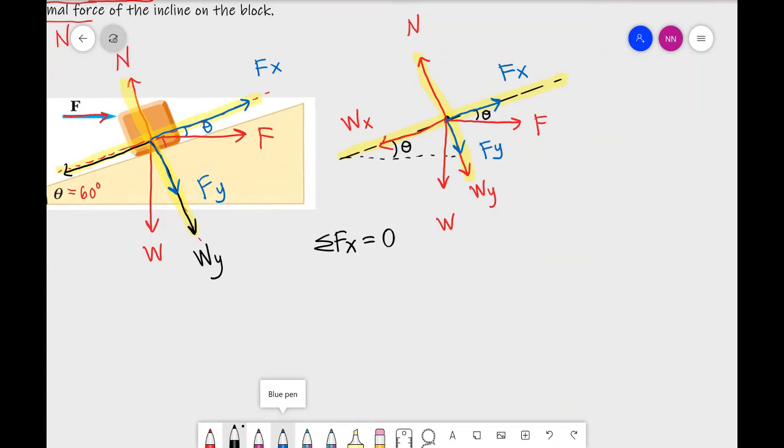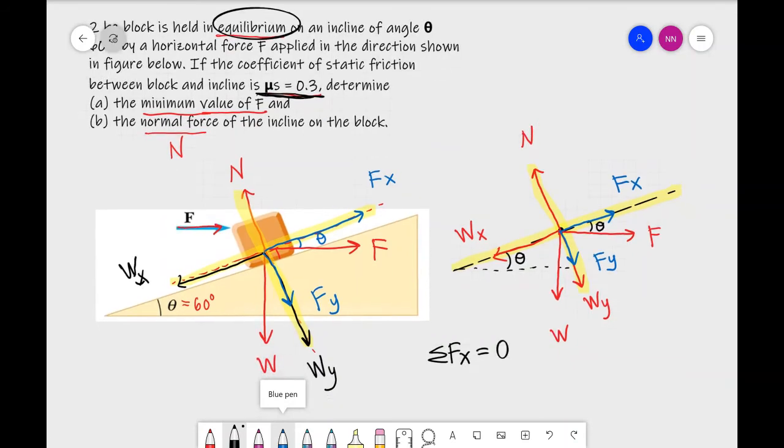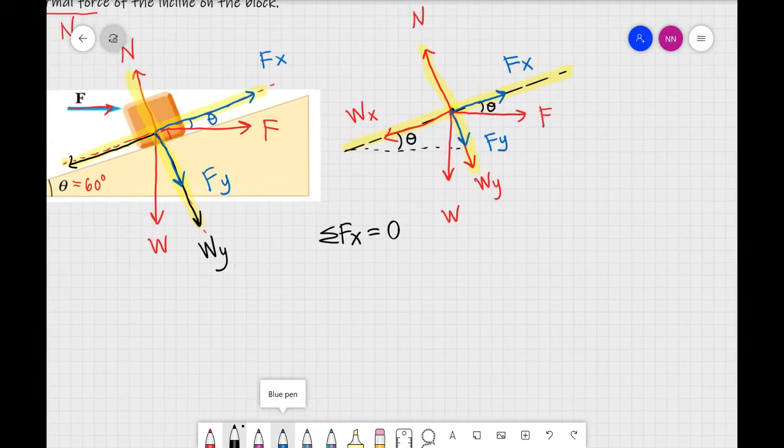Oh, we forgot one more force, which is the friction, because it gives you the coefficient of friction. That means this incline has frictional force.